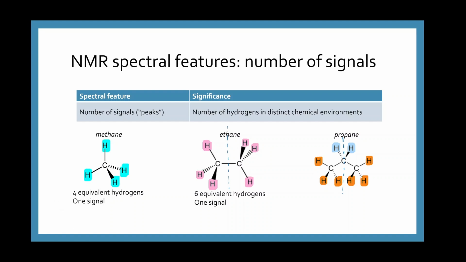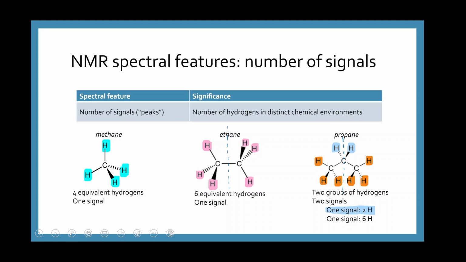Because you can exactly reflect the CH3 groups across that plane, and they're in the same environment. They're all bonded to a carbon that's bonded to a CH2 that's bonded to a CH3. So here we have 2 groups of hydrogens, so that would produce 2 signals.